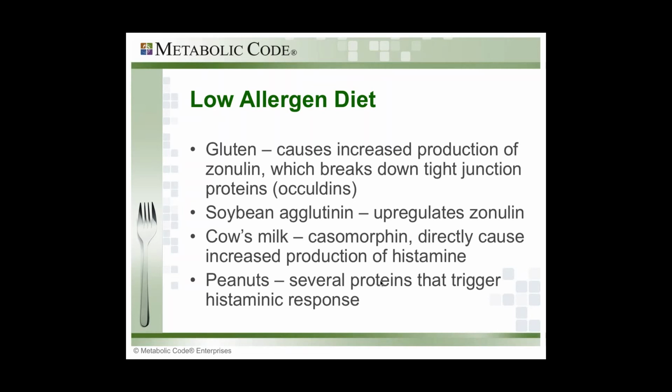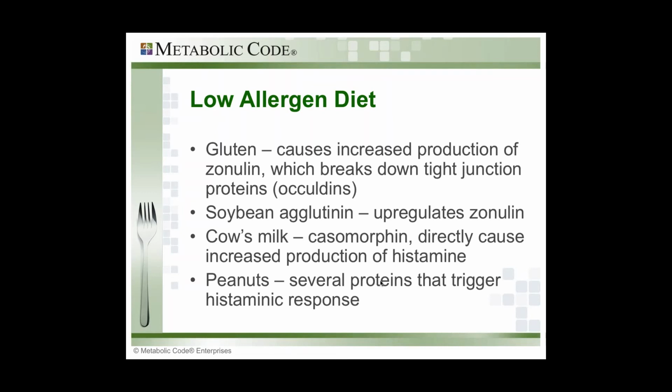Some people, the zonulin will increase, and you'll get a short time where you have the tight junction proteins broken down, and you have a little bit of gut permeability, but it goes away quickly. And this is according to Dr. Alessio Fasano, who is the eminent researcher on this topic. But some people, when they eat gluten, their body makes a ton of zonulin, and the effect lasts for a really long time.